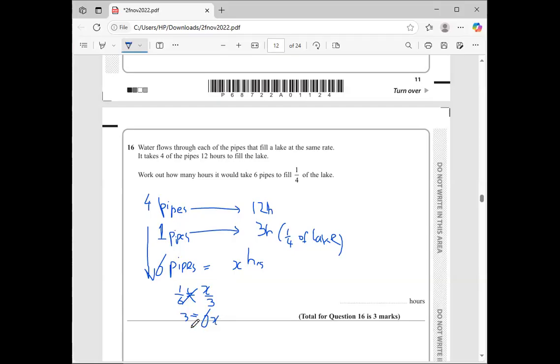Okay, so we're looking for x, so you're going to divide both sides by 6. So that's 3/6 equals x.